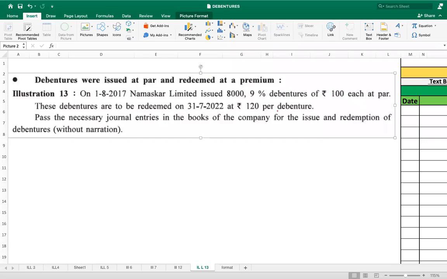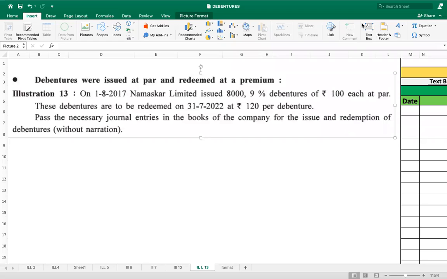So you can see over here we are issuing debenture at rupees 100, but we are going to pay back to our debenture holders 120. Pass necessary journal entries in the books of the company for issue and redemption of debentures without narration.